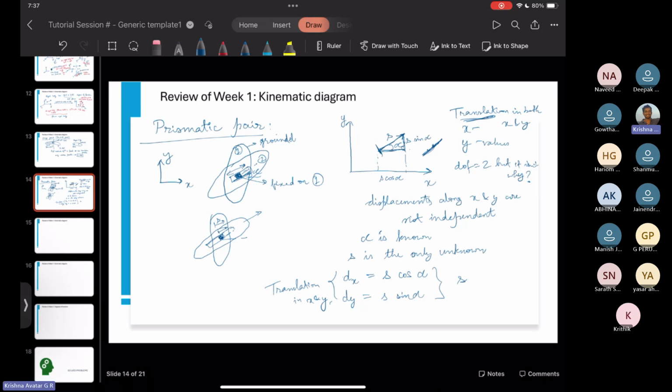And if we have just one variable which is changing, it implies 1 degree of freedom.